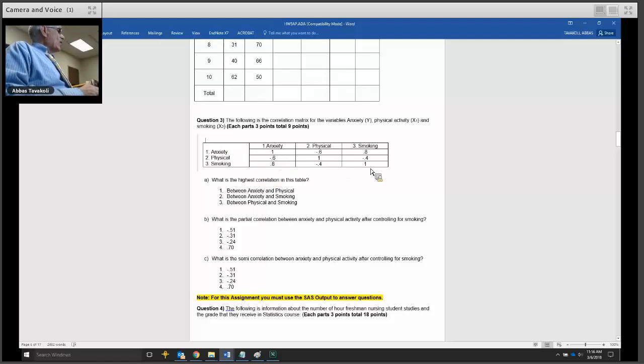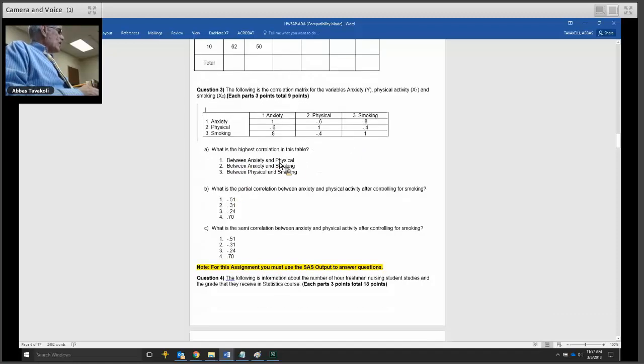The diagonal is always 1, since any variable correlated with itself is 1. Here we have three correlations: anxiety and physical activity, anxiety and smoking, and physical activity and smoking. You can use either the upper or lower diagonal, it's the same value. The question I asked is, what is the highest correlation? You find it from that table and tell me what it is.